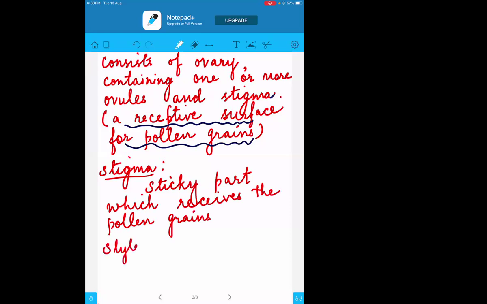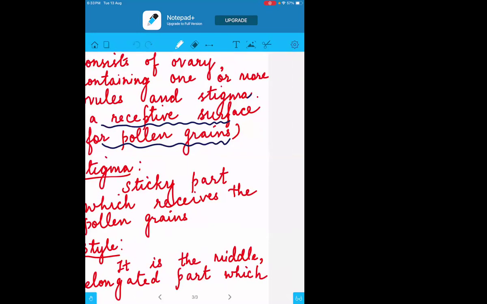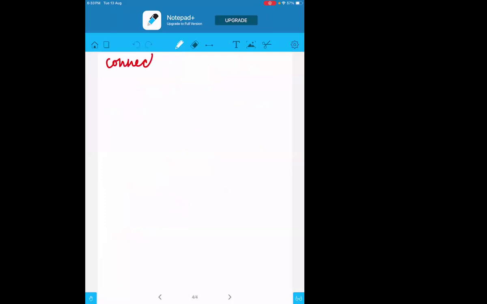Then the style, it is the middle elongated part which connects stigma to the ovary. Now coming to the next one is the ovary.